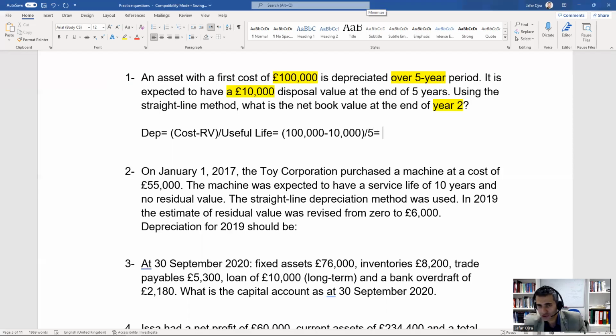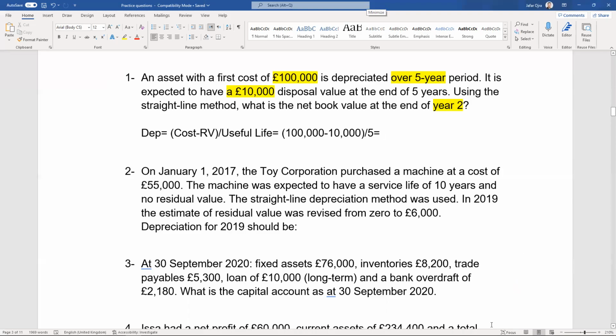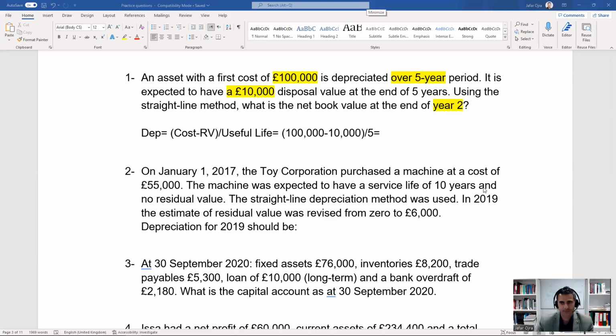So 90,000 divided by 5 years equals 18,000 pounds, and that is the depreciation.